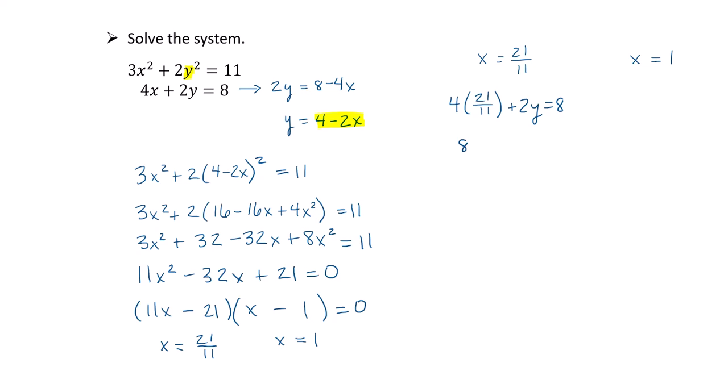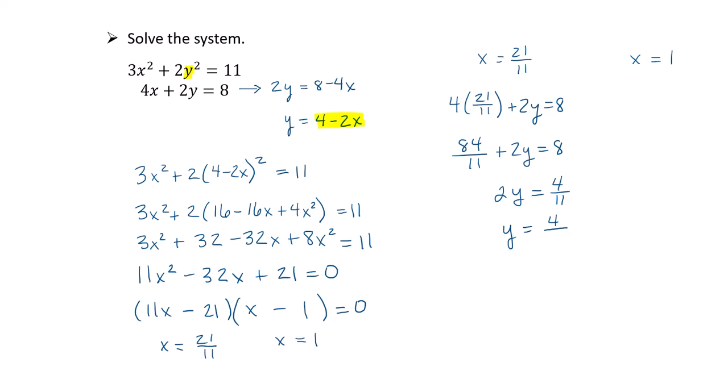So this is 84/11 plus 2y equals 8. If I subtract 84/11 from both sides, I'll have 2y equals 4/11, and I'll multiply both sides by 1/2 to get rid of the 2 that's in front of the y.